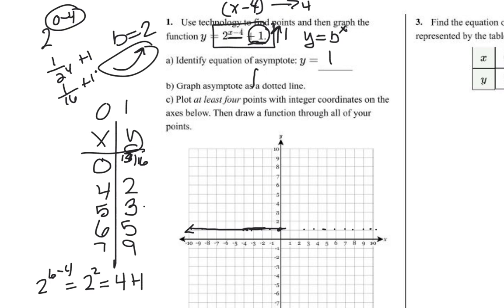That's about as far as we can go on the graph. So let's graph that. 4, 2, 5, 3, 6, 5, and 7, 9. So we're looking like this.